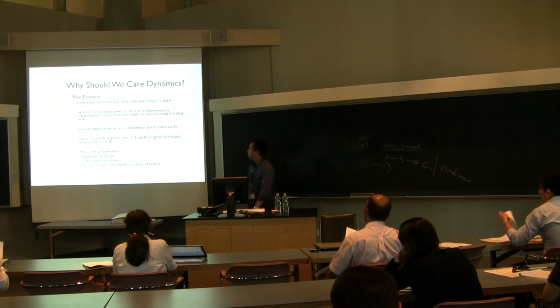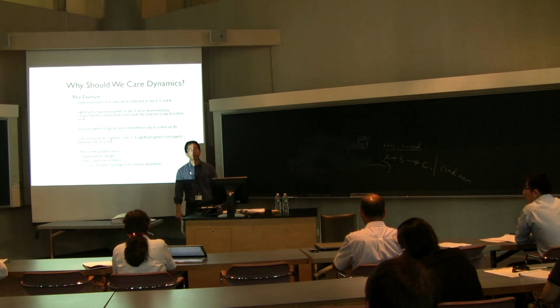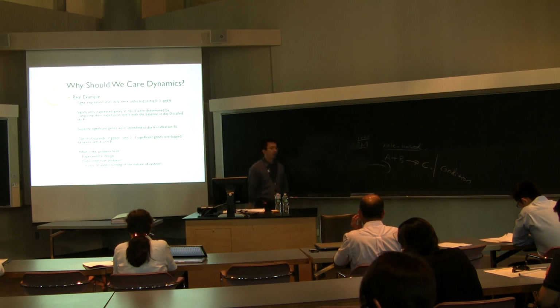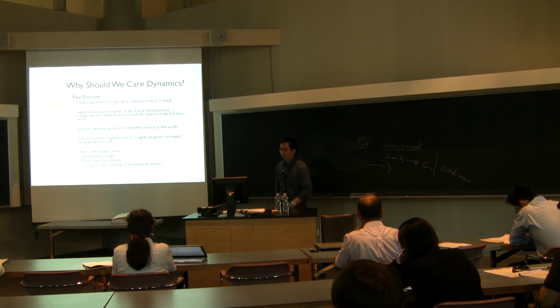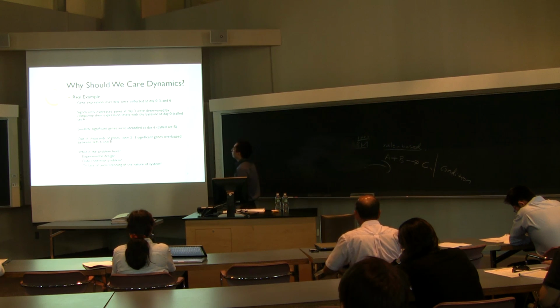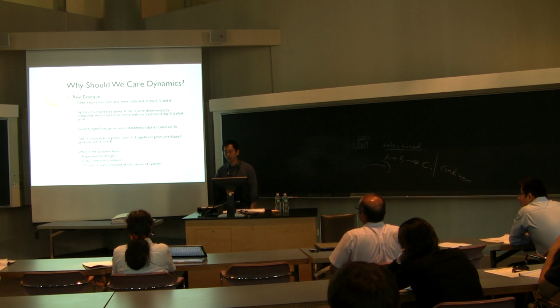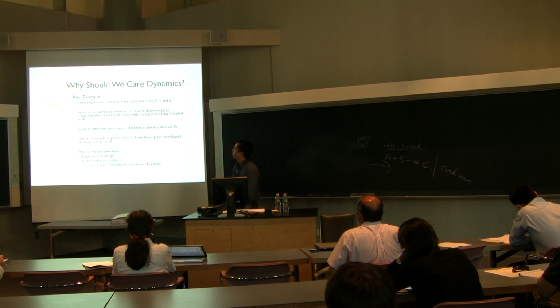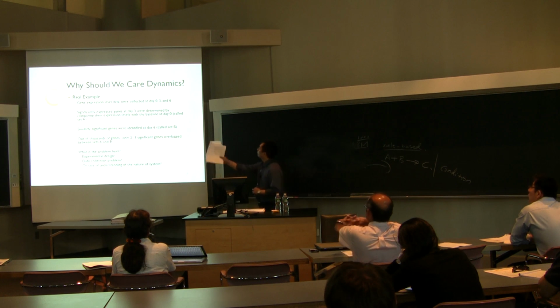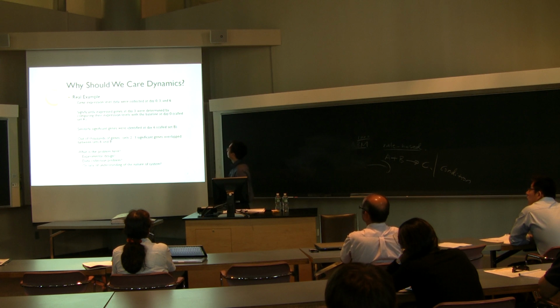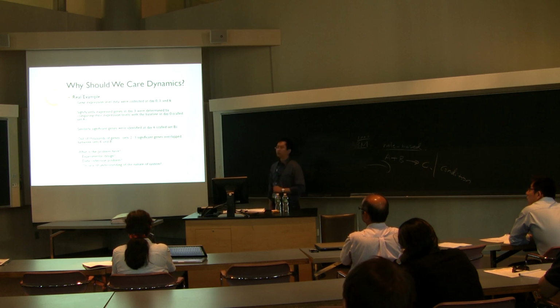So I will start with this question: why should we care about dynamics? I'm going to talk about a real example that just happened like 2 months ago, when I was visiting another university, and I was asked this question. They designed experiments to look at gene expression level data, and they collected the data at day 0, 3, and 6.